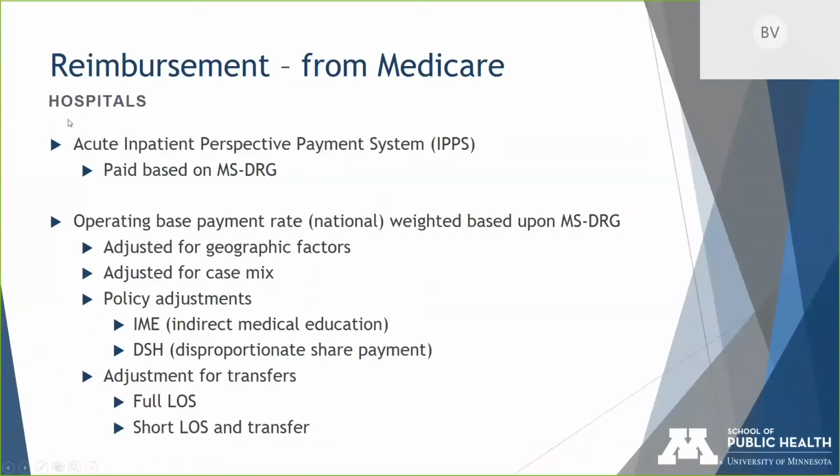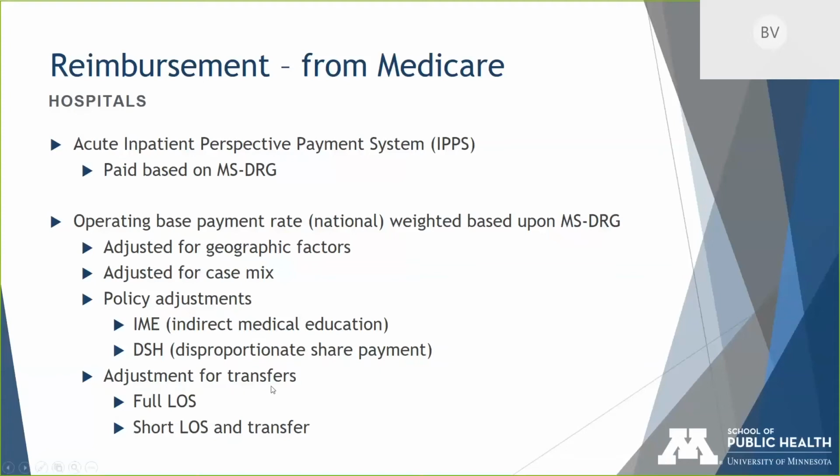But the way that the payment rate is calculated, there's one DRG, and there's one base rate per year, and then based on the DRG that's billed, there's a weight attached to it, so it's weighted. And then there are geographic factors, case mix factors, payments for indirect medical education or disproportionate share, which means that a hospital serves a disproportionate share of patients who don't have the ability to pay for care.